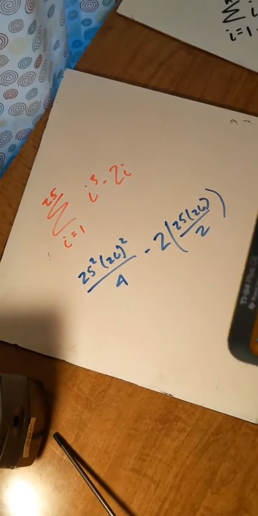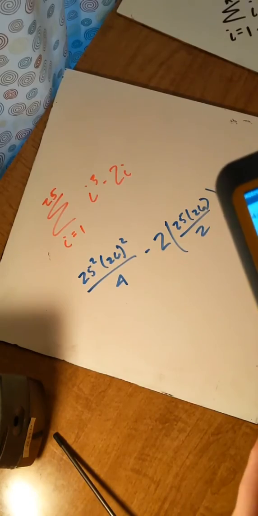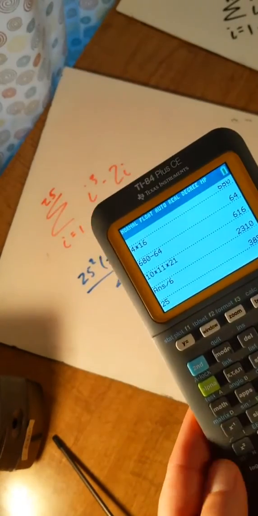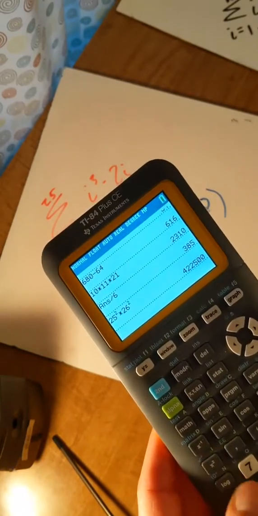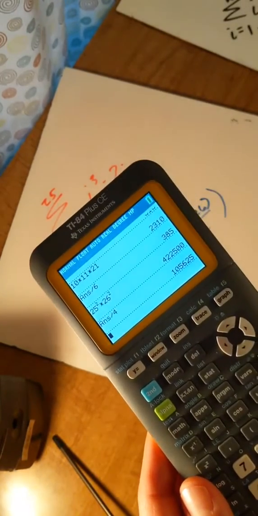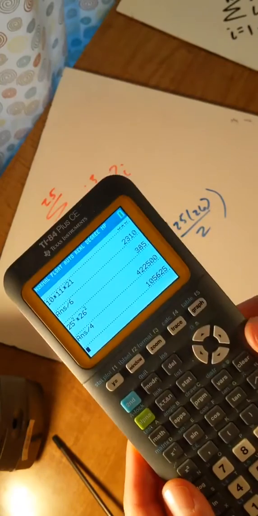All right, so let's start with 25 squared times 26 squared divided by 4. This should be a very large number. All right, 105,625.